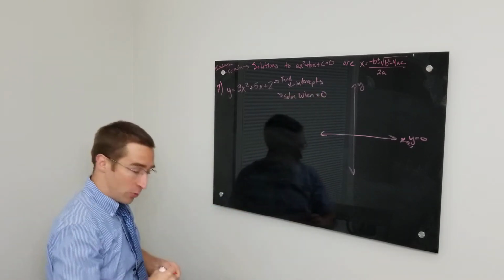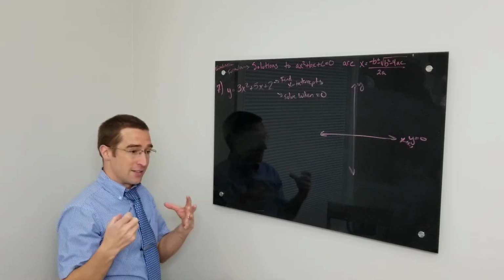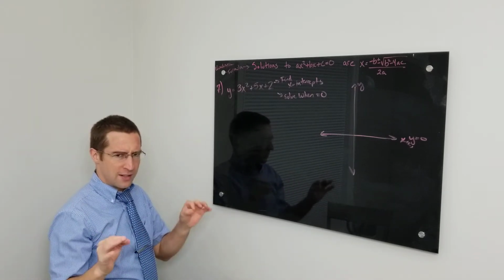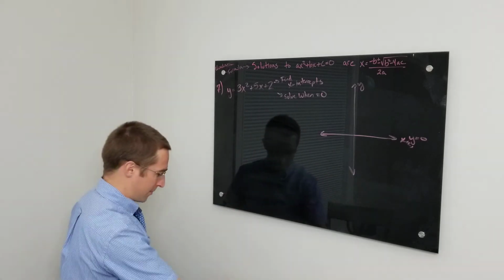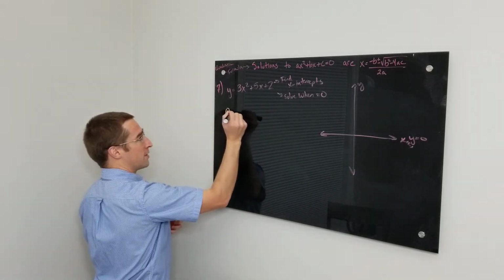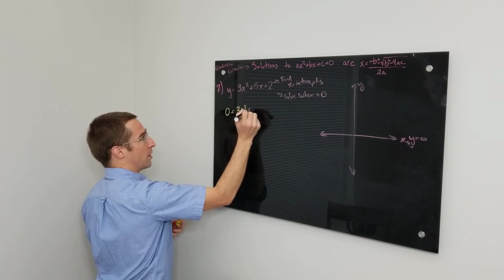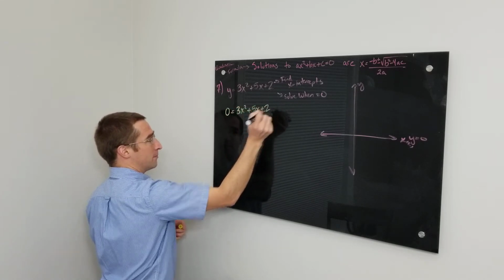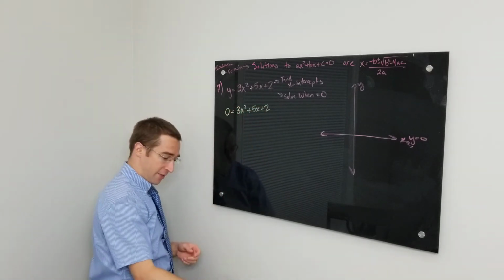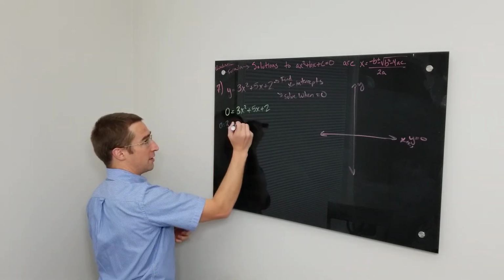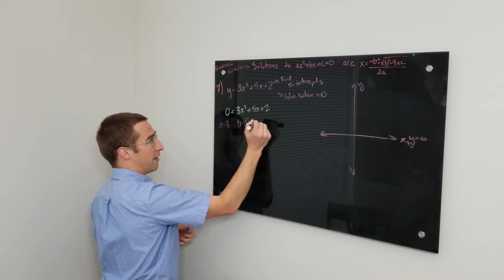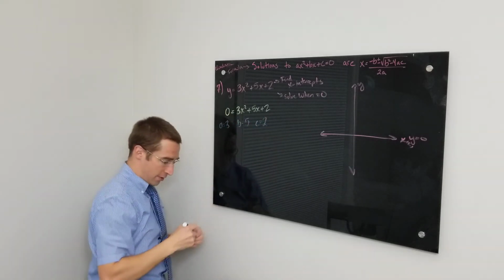So what we're going to do is we're going to rewrite it, and the only difference here is we're going to rewrite it as equals 0, and then we're going to write our answers as x-intercepts. So here I'm going to say 0 equals 3x squared plus 5x plus 2. And I'm going to identify a, b, and c. Here, a equals 3, b equals 5, c equals 2.